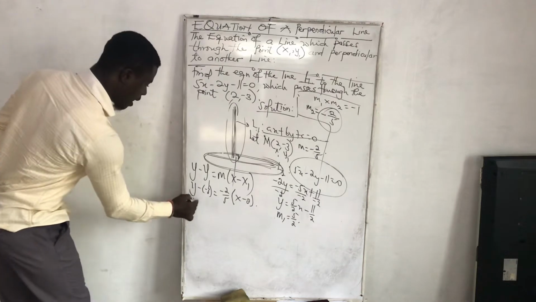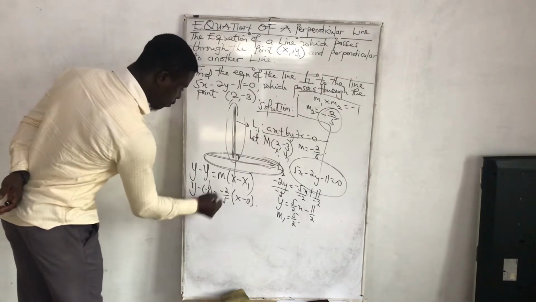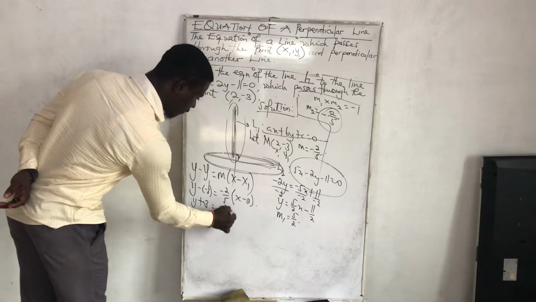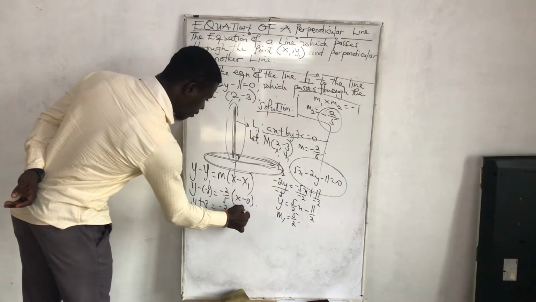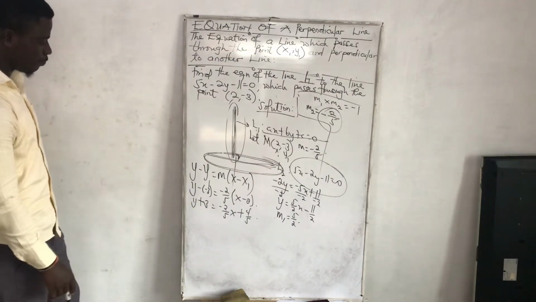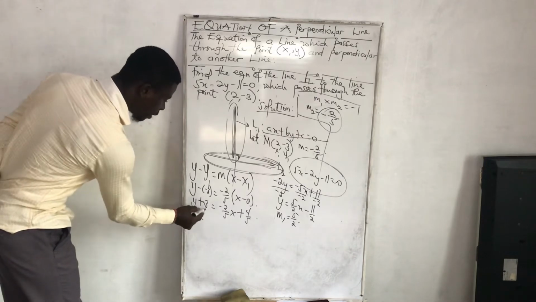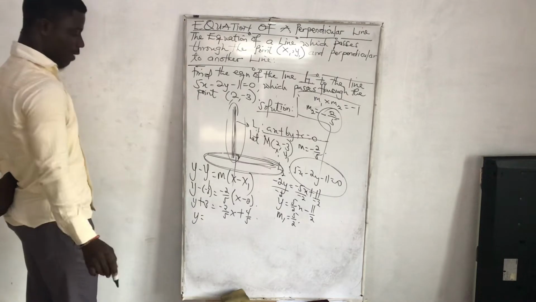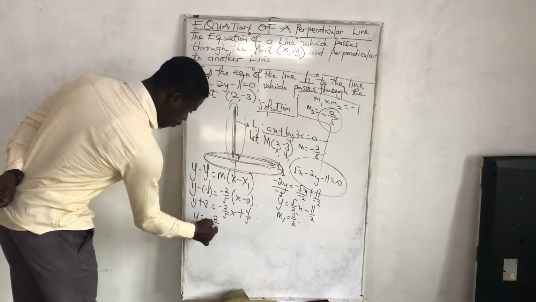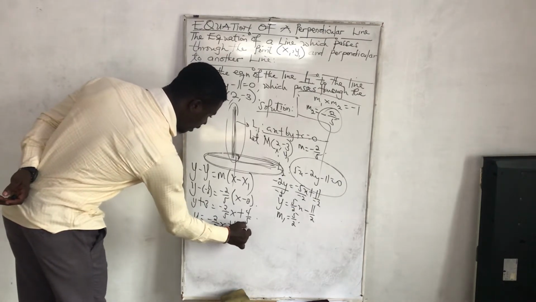So I have y plus 3, because negative, we get positive, equals -2 on 5x, then plus 4 on 5, right? So now we can group like terms. I have y being equal to, I send this positive 3 to the right hand side. So I get -2 on 5x, then plus 4 on 5 minus 3.